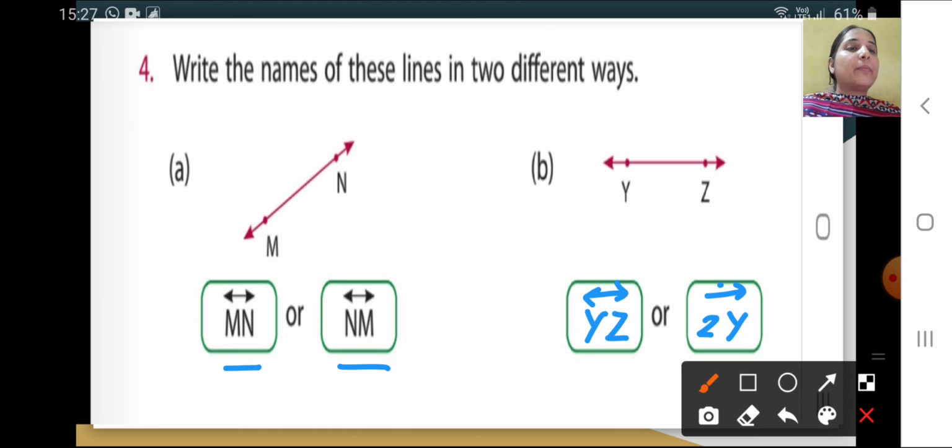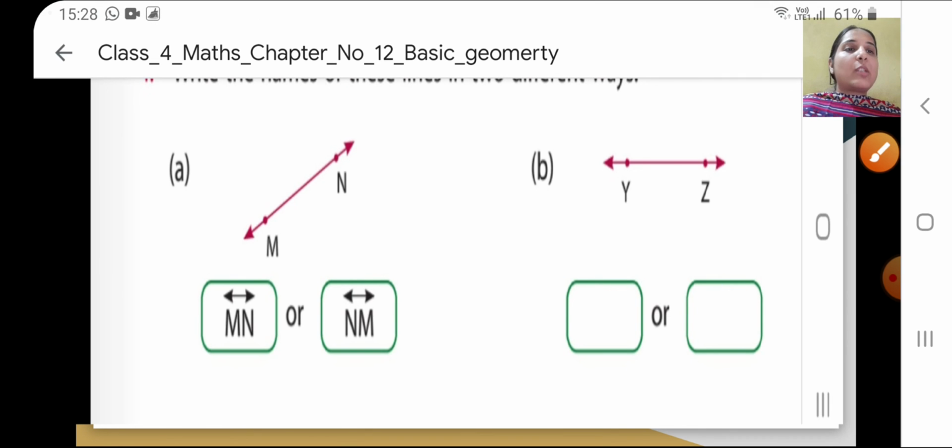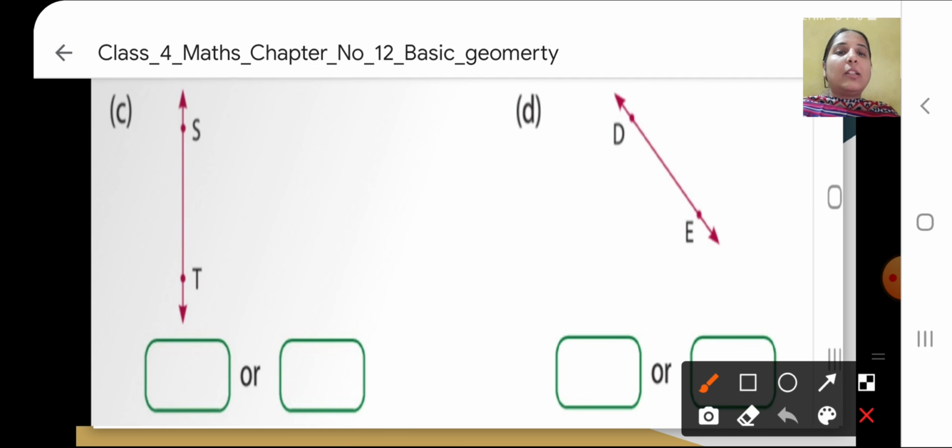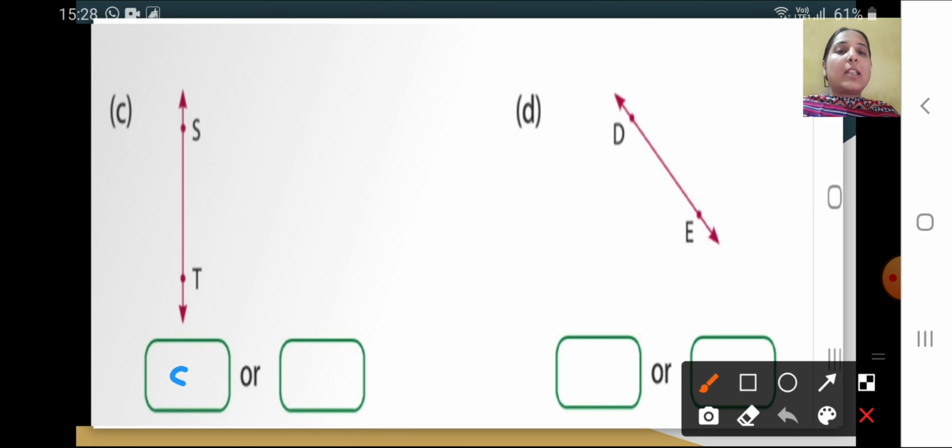Okay. So in this way we name the lines. Now let's move to the next question. Question number C is here. Now how will you name this line? It can be named as line ST or line TS, and then the arrowhead on both sides.